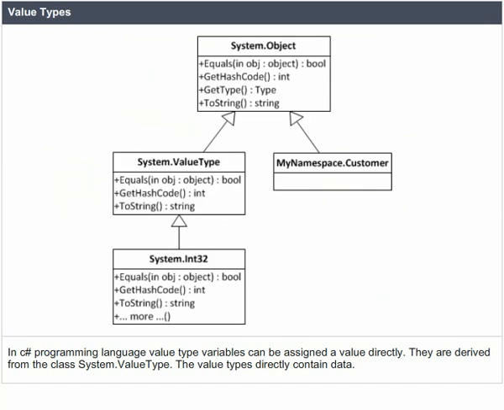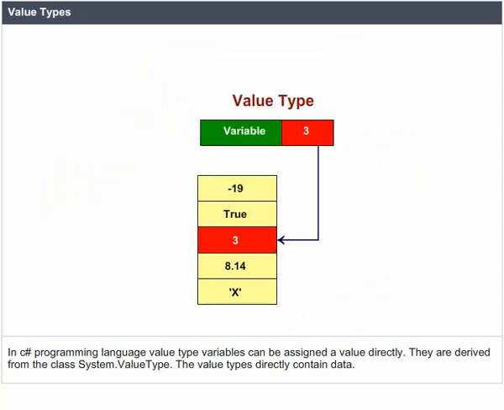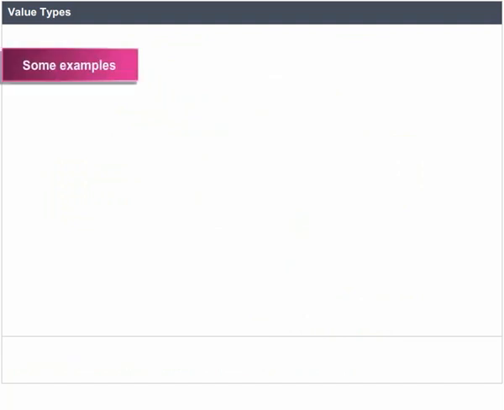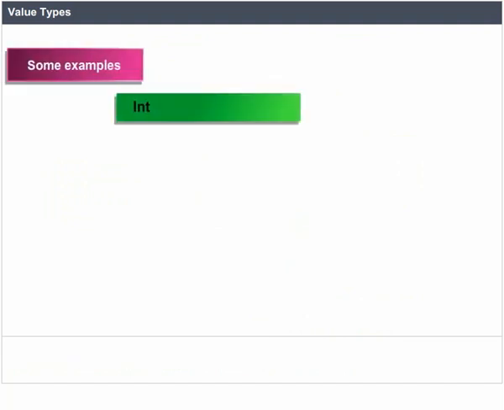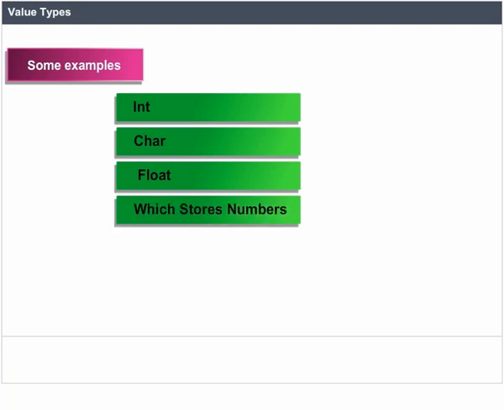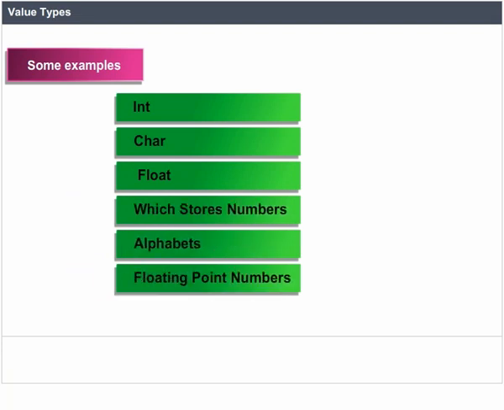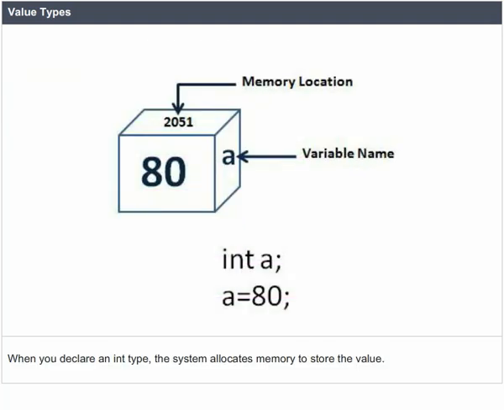They are derived from the class system.valueType. The value types directly contain data. Some examples are int, char, float, which stores numbers, alphabets, floating point numbers, respectively. When you declare an int type, the system allocates memory to store the value.